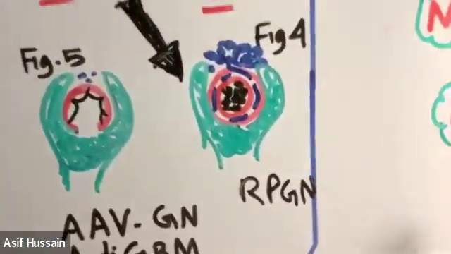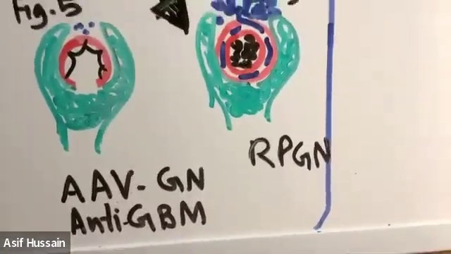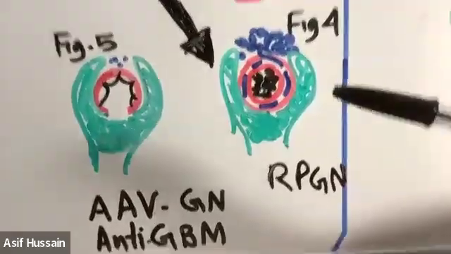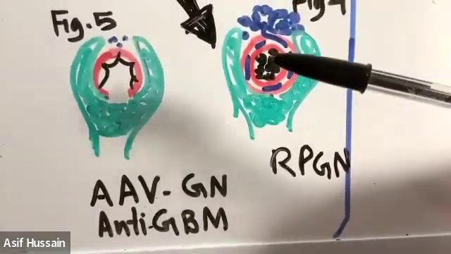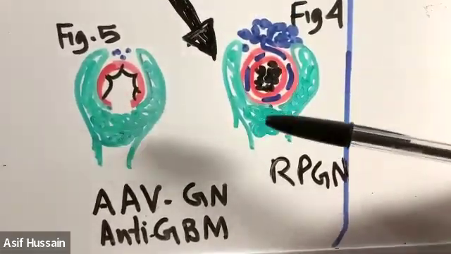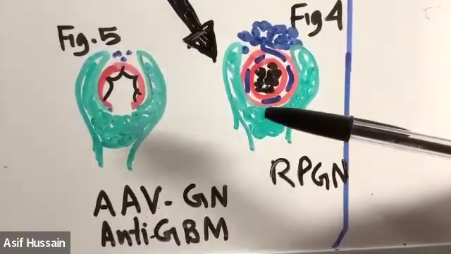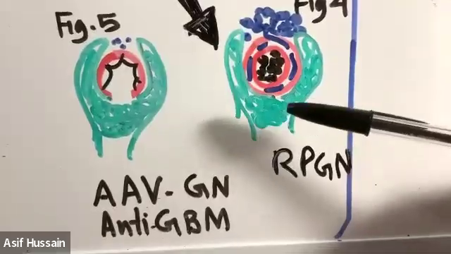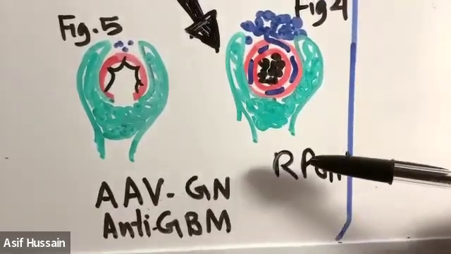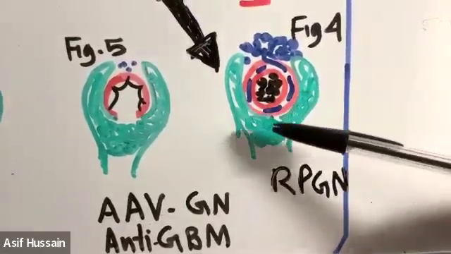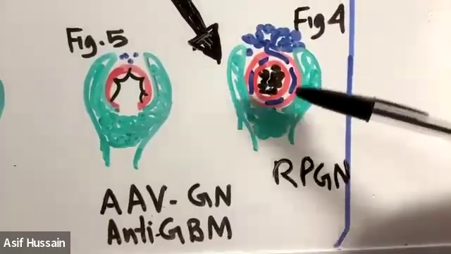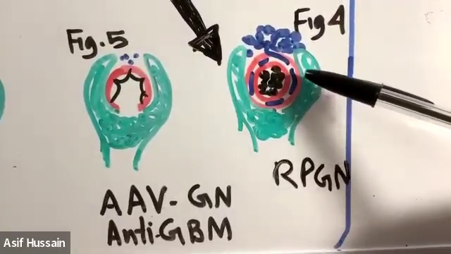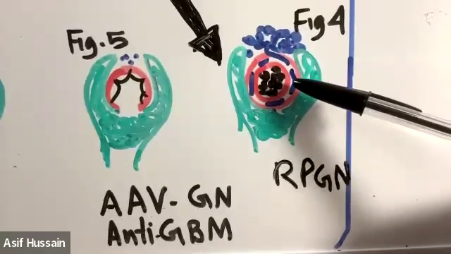Because it's the worst form of glomerulonephritis, if severe enough, it can advance into crescent formation, making crescents in the Bowman space, called rapidly progressive glomerulonephritis. But this happens only in about 5 to 10% of cases of severe stage 4 lupus nephritis.